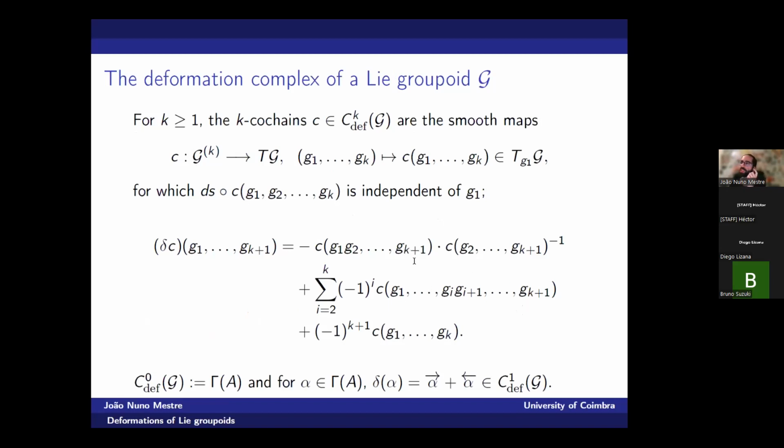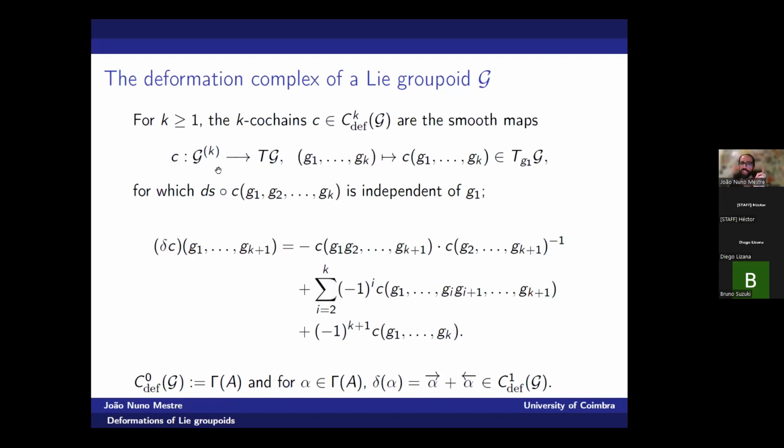That won't really work for what I want, so I'll have to do some modifications, but it's not too different from doing that. The technical details, I think I will skip them, but the main point is the deformation complex of a Lie groupoid will be composed of maps from k-tuples of composable arrows to the tangent bundle of G, and these have a differential that uses these face maps.